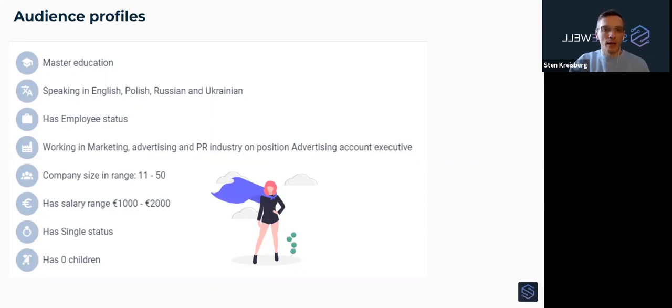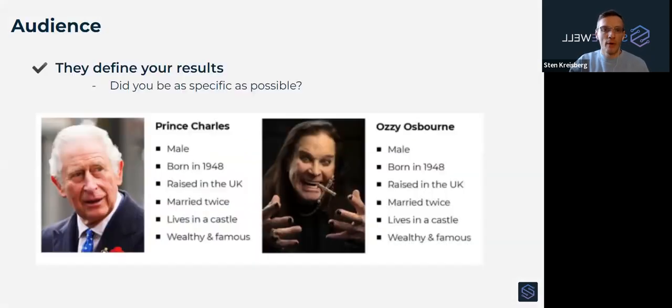Here is a quick example that the more specific you are in defining your profile, the better, because, for example, these guys are basically the same, but actually have totally different interests, totally different understanding of the world, social circle, etc.